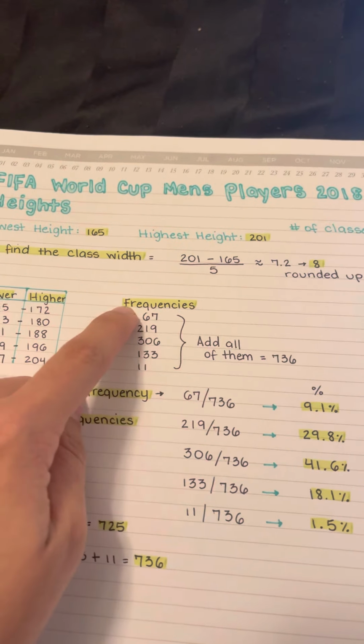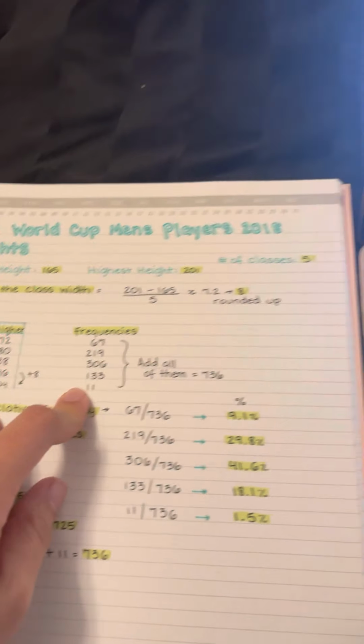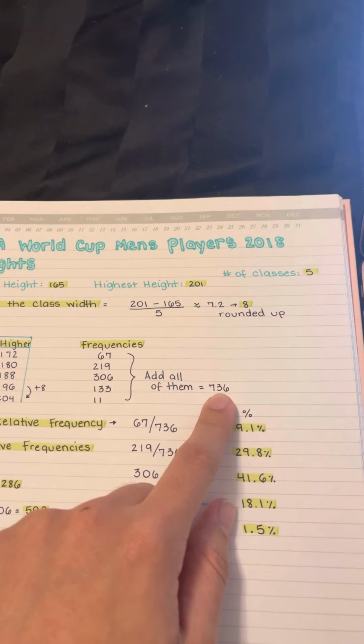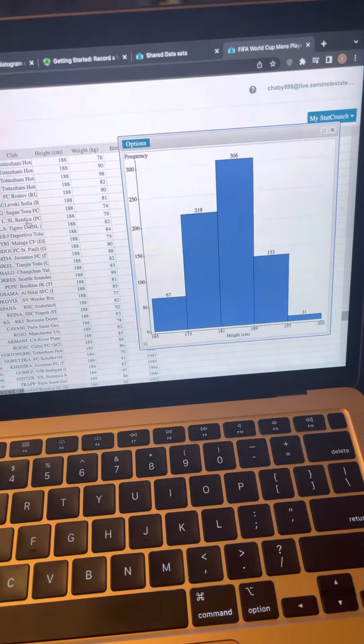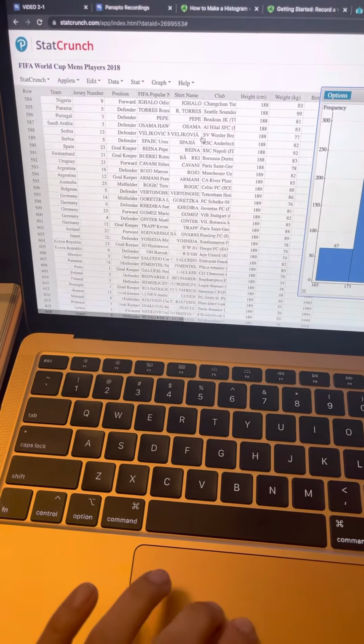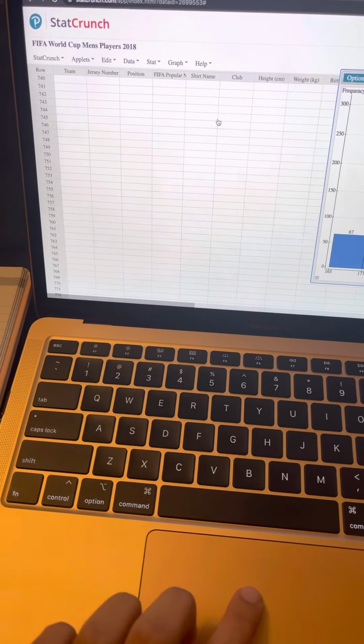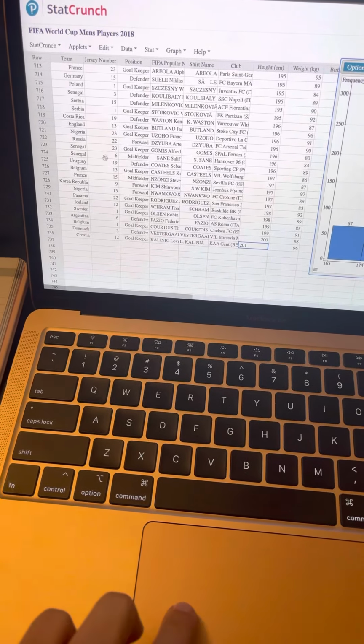So it took me a little bit, but I got 67, 219, 306, 133, and 11. I added them all up and that's what it gave me. I confirmed it when I did the histogram and it's the same numbers. I went down here and I saw that fortunately I was correct, 736.